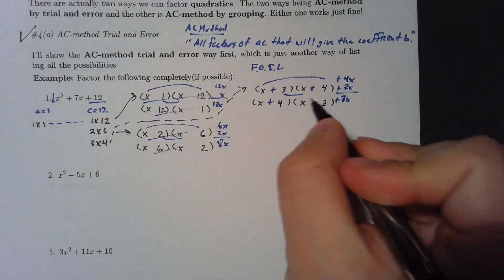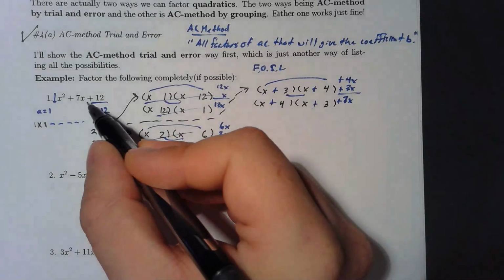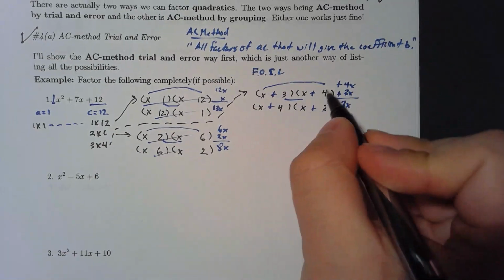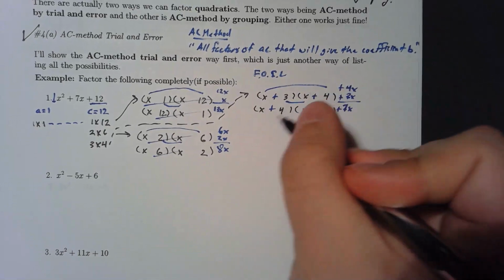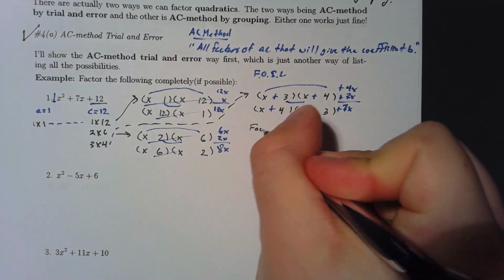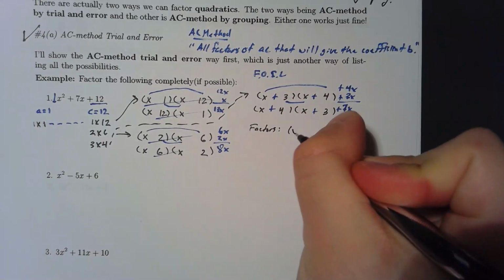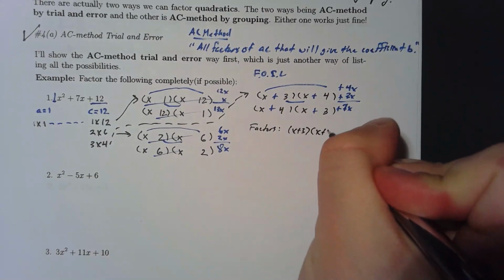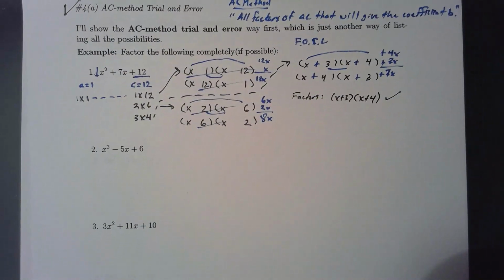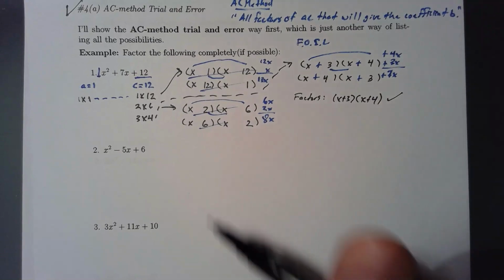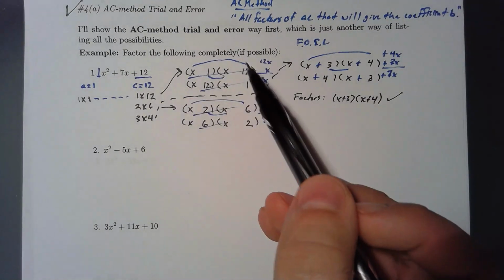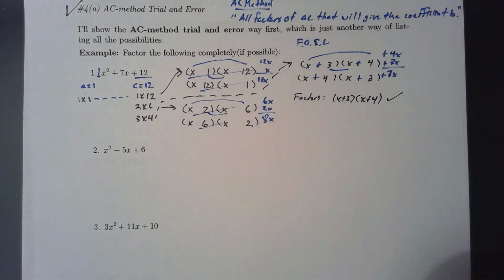So the correct factors of this quadratic are x plus 3 and x plus 4, and you could pick either one because they're the same thing. So this factors to x plus 3, x plus 4. I won't go through that whole outside and inside process for all of them. I just want you to visually see it initially.